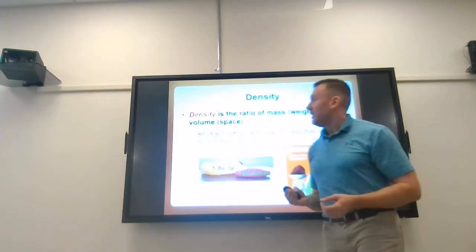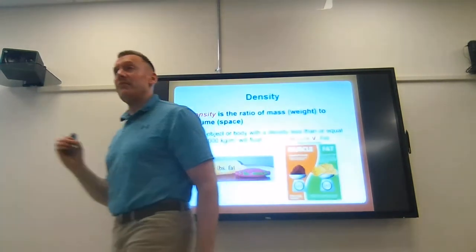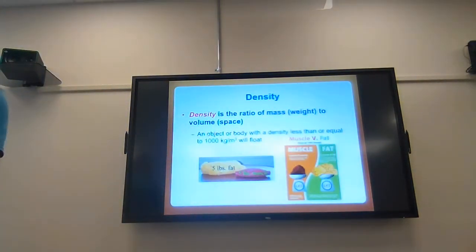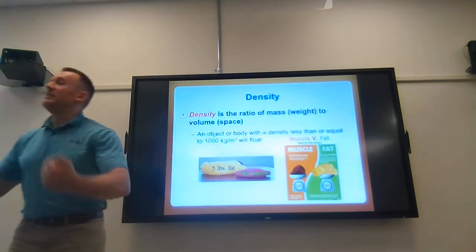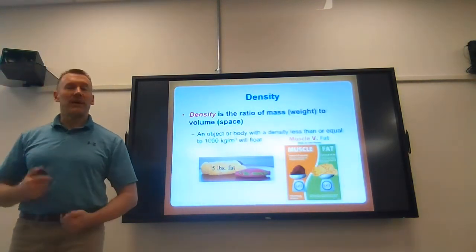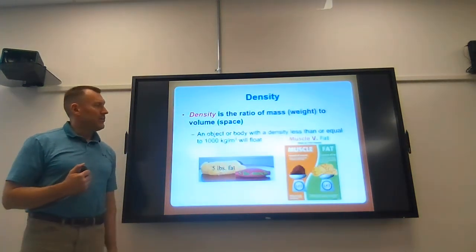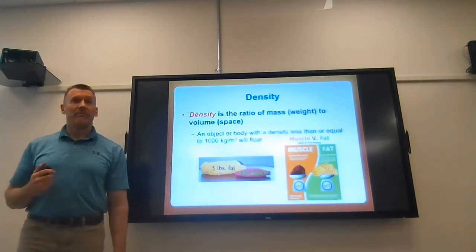So if you're losing body volume because you're adding muscle and you're losing fat, your body's becoming more dense. Your clothes are fitting differently. You're probably feeling better about yourself and your appearance because your body density is getting higher.